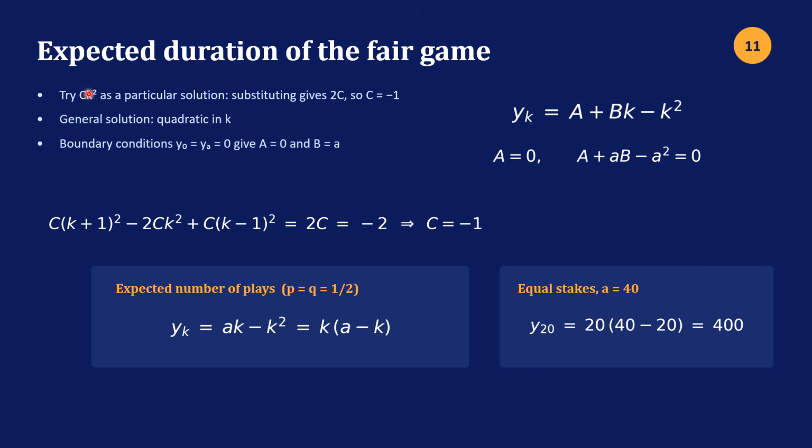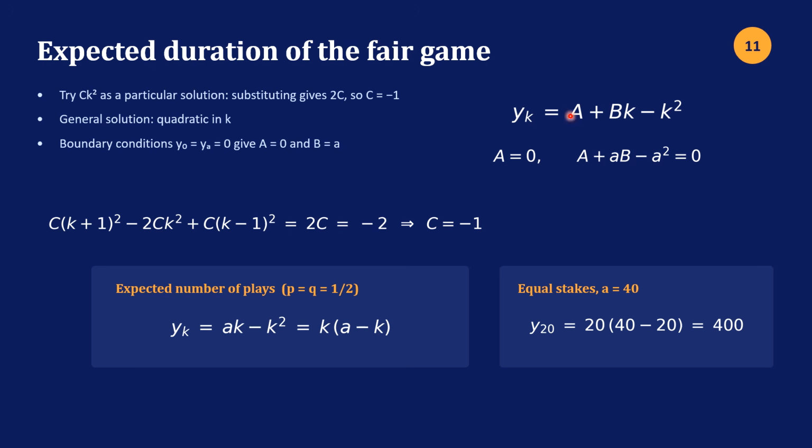So if we plug in c times k squared here, we just get 2c. There's a lot of cancellation. I'll leave it to you if you want to double check that, but you get 2c, then equals minus 2. So c equals minus 1. And so we just get minus 1 times k squared.